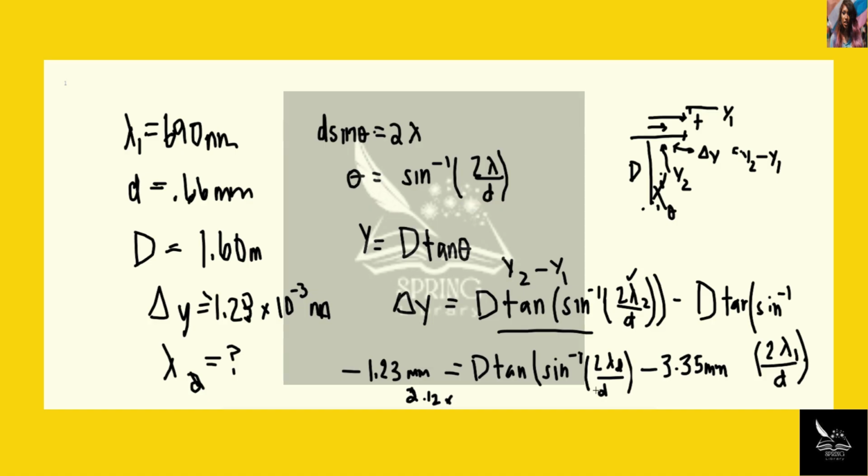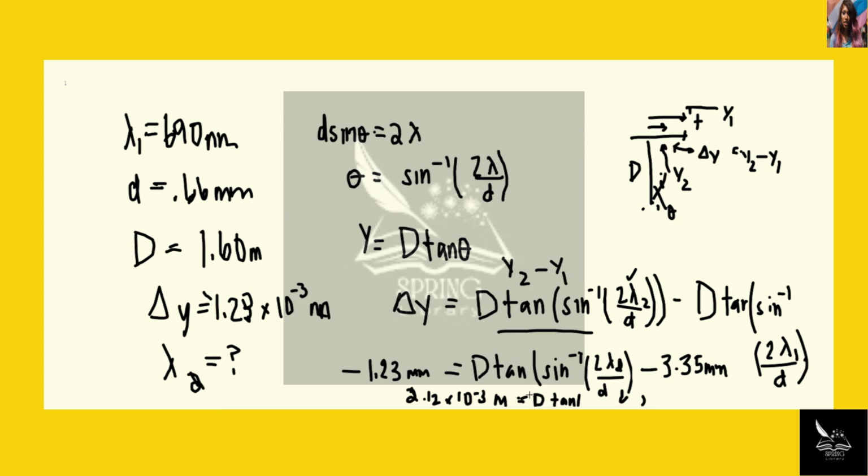Again, I'm just moving this to the other side. 2.12 times 10 to the minus 3 meters is d tan, well, this whole thing, d tan of arcsine of 2 lambda over d. And we want to solve for this lambda.